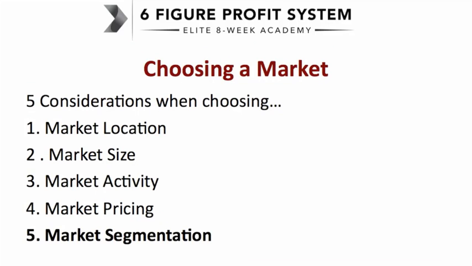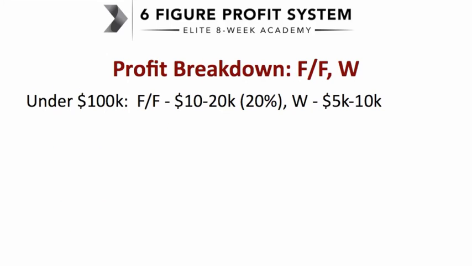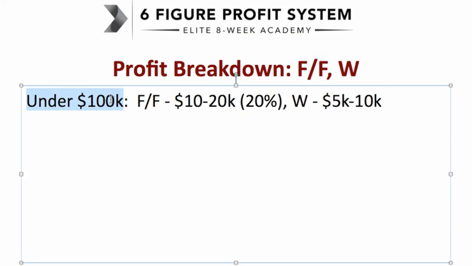Now the fifth consideration is market segmentation. What I'm going to try to do now is break down for you and help you understand the opportunity based on these different price points within the market. So if you think about the under 100,000 market price point opportunity, when you do fix and flip, you should be expecting to make between a $10,000 and $20,000 profit in that price point.